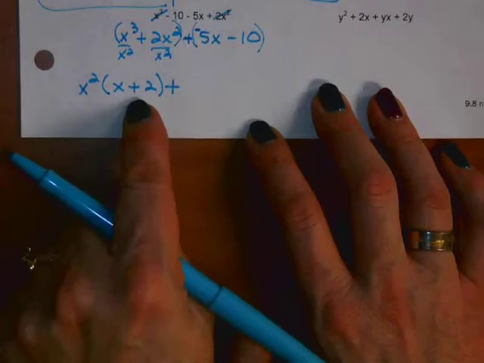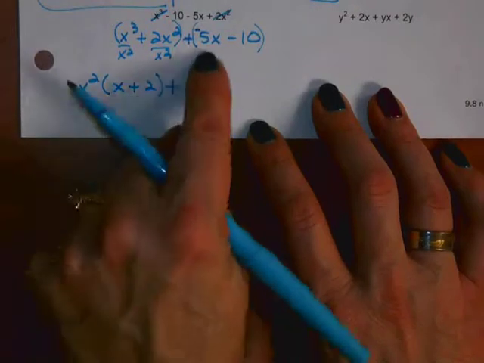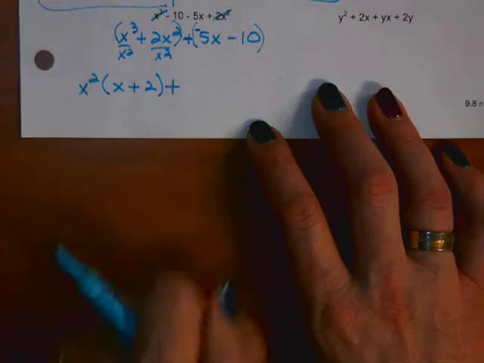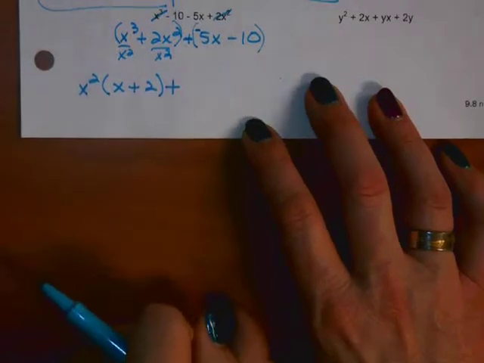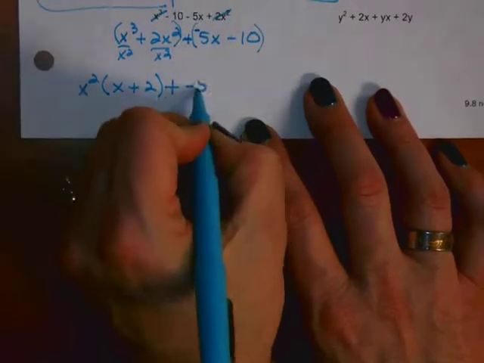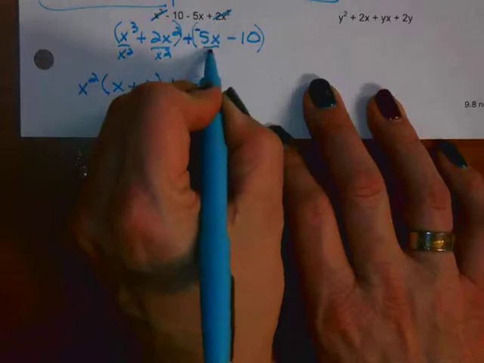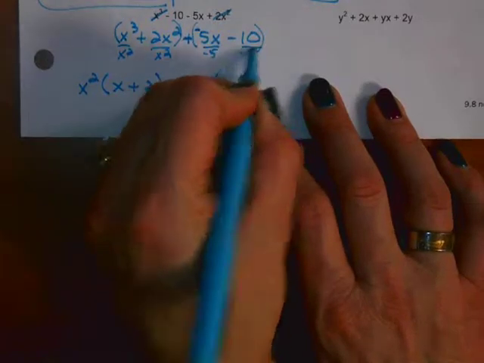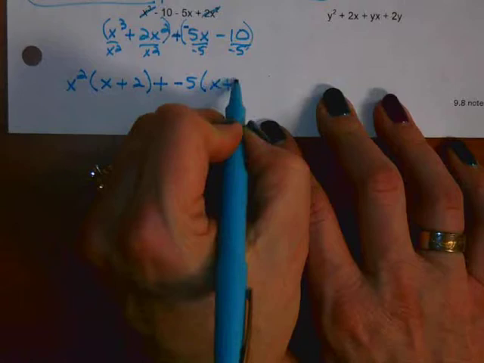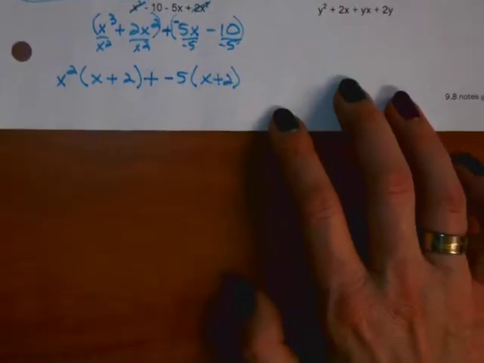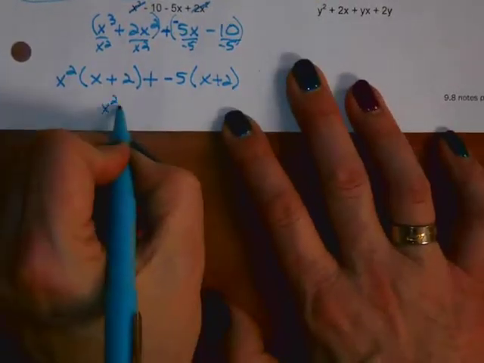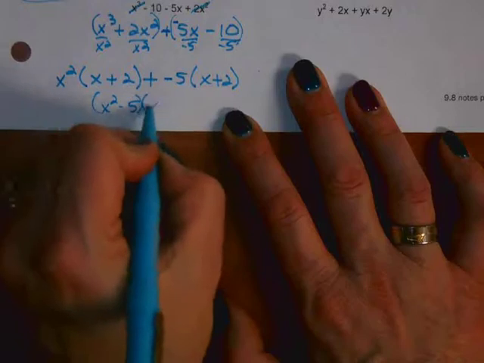I got to have what? So what can I divide out of both of those to end up with x plus 2? A negative 5. Correct. So I'm going to pull out a negative 5. And I do end up with x plus 2. And then I can just write x squared minus 5 times x plus 2.